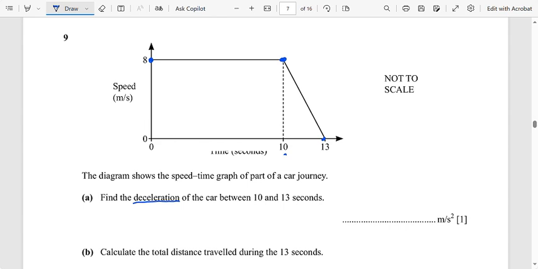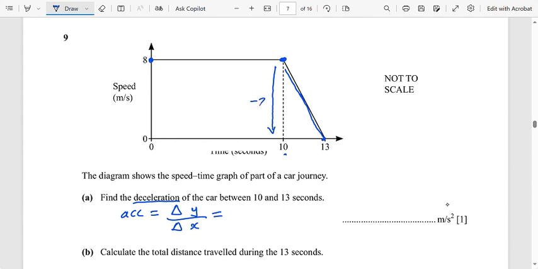What we are doing here is trying to find acceleration first. Acceleration, which is the gradient, is change in y over change in x. Between 10 and 13, the line is sloping, and y is going from 8 to 0.